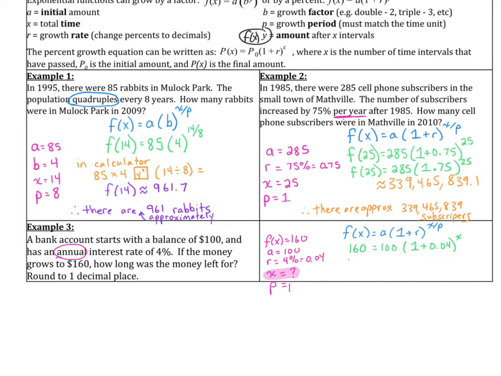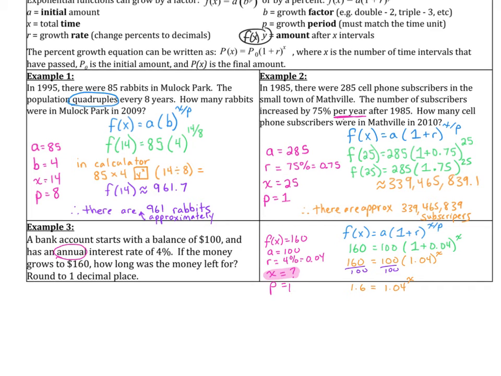Now we can simplify this a little bit. So the 1 plus 0.04 is 1.04 to the x. And we can also divide both sides by 100. And that would give us 1.6 equals 1.04 to the x.